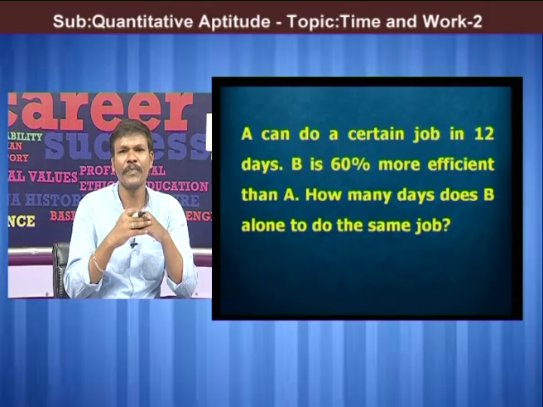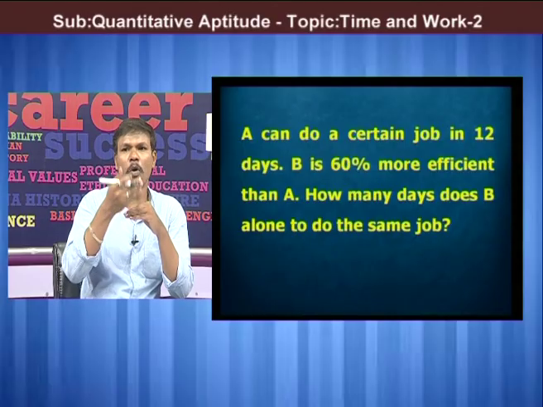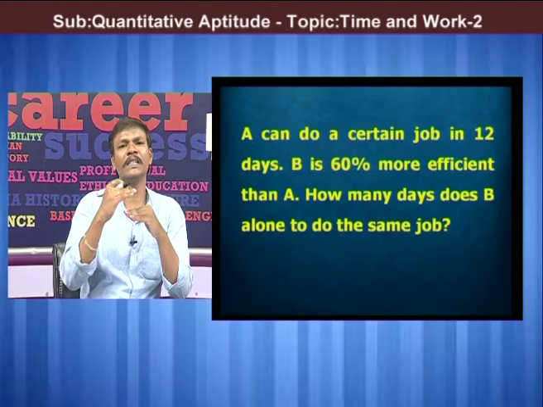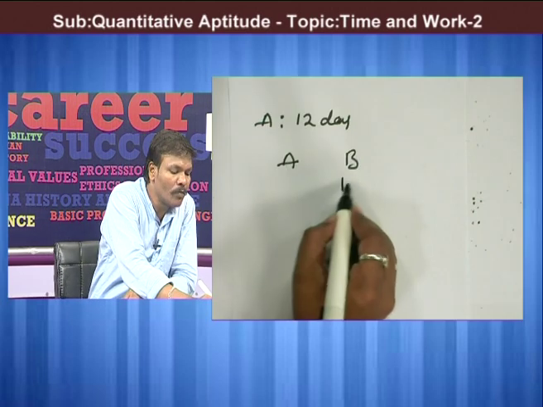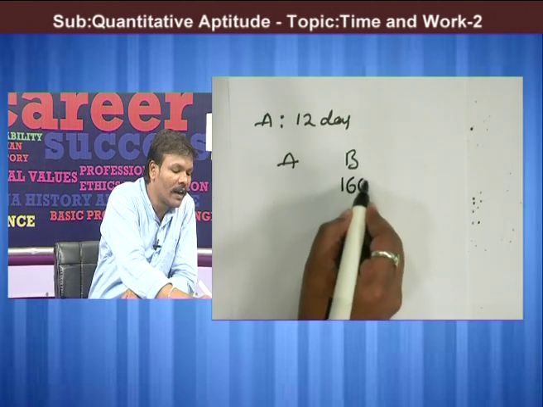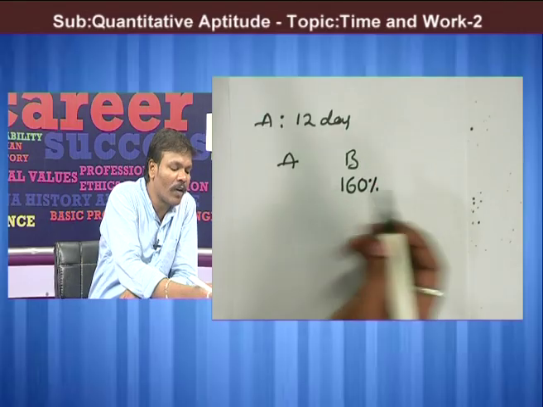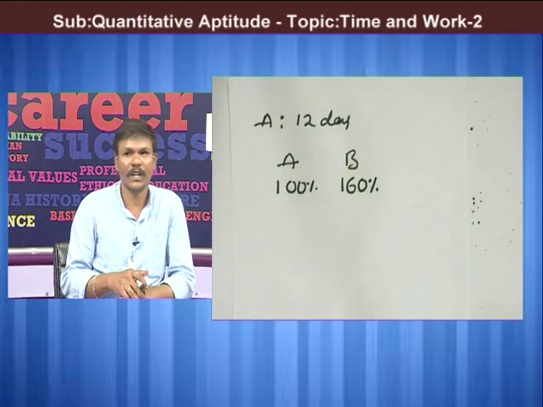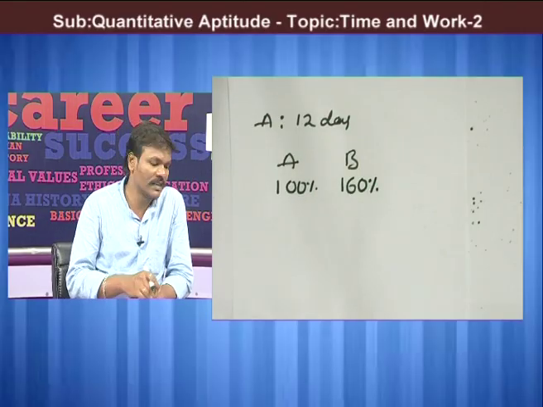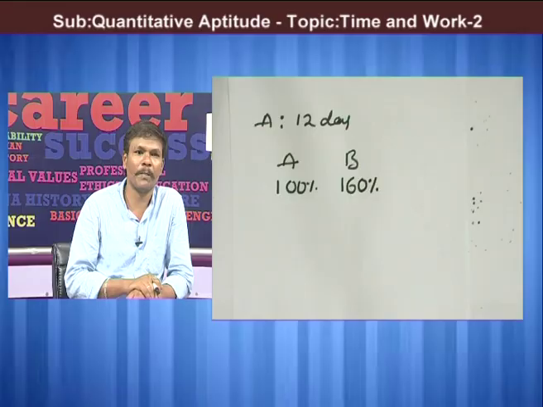The question says B is 60% more, which means above the 100, that is 160. But what about A? A's base is 100%. Now the capacities are simply 100% and 160%.